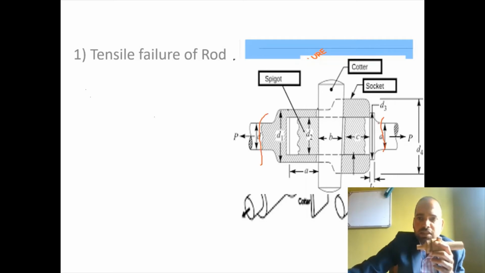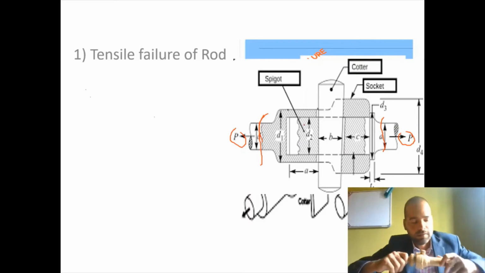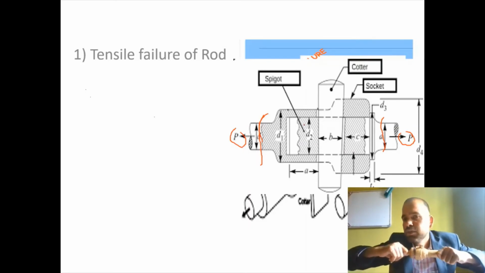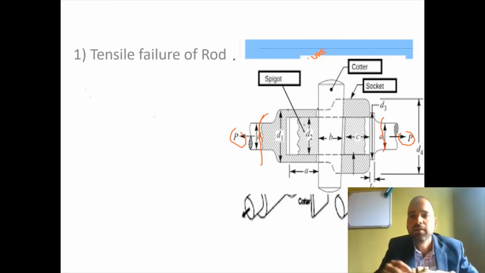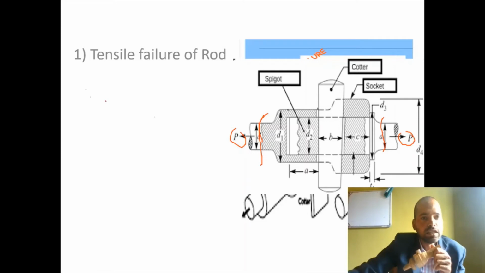To find out this dimension D, due to the application of force P, what are the chances of failure of this cross section? It is very easy to understand. As we are applying tensile load, there is a chance of failure of this cross section by tensile load.